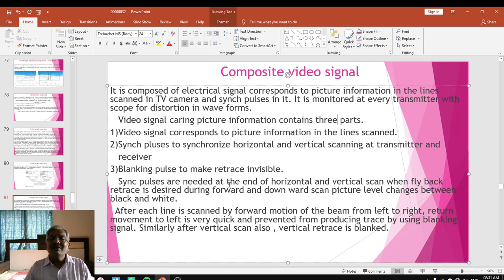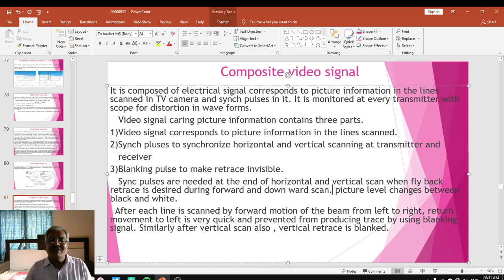Sync pulses are needed at the end of horizontal and vertical scan when flyback retrace is desired, during the forward as well as downward scan, where the picture level changes between black and white. Downward means vertical scan and horizontal means left to right. At that time sync pulses are introduced.